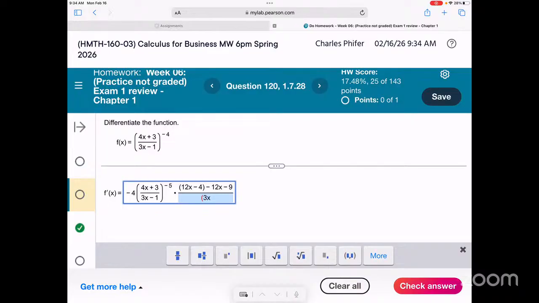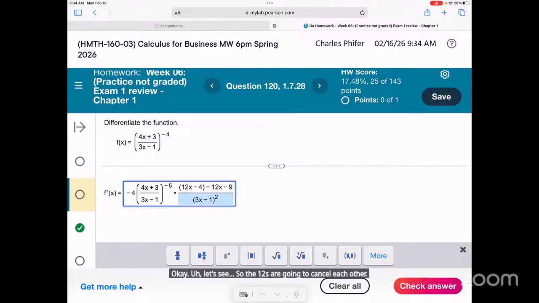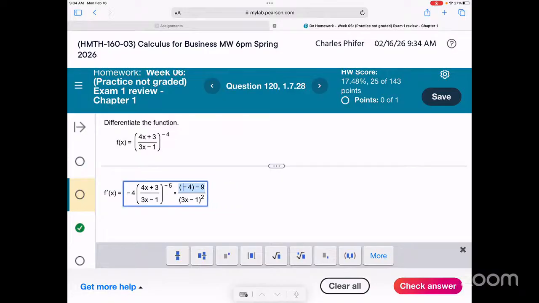Let's see. So the 12s are going to cancel each other, and those negative 4 and negative 9 is negative 13.